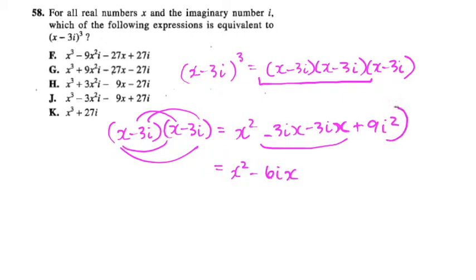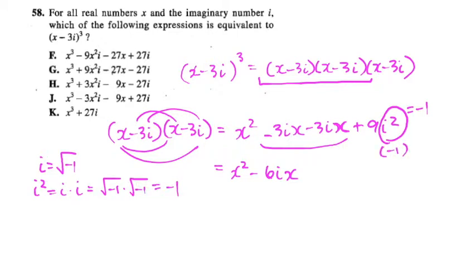And this i squared is really negative 1. i is the square root of negative 1. i squared, which is i times i, is the square root of negative 1 times the square root of negative 1, which is just negative 1. So if that's just negative 1, that's 9 times negative 1. That would be a minus 9. At this point, we are going to multiply this quadratic with this binomial.